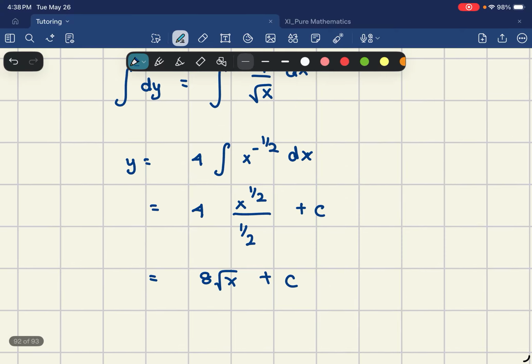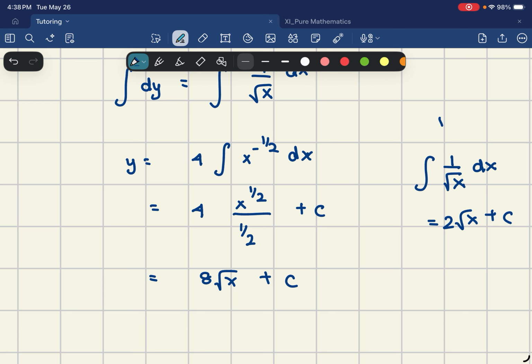So from here, what I did was x to the power minus half plus 1 divided by minus half plus 1, right? My denominator, if you do minus half plus 1, I am going to get half. My numerator, I am also going to get half. So that is just 2 root x. So you can actually remember that the integral of 1 over square root of x dx is just 2 root x plus c.